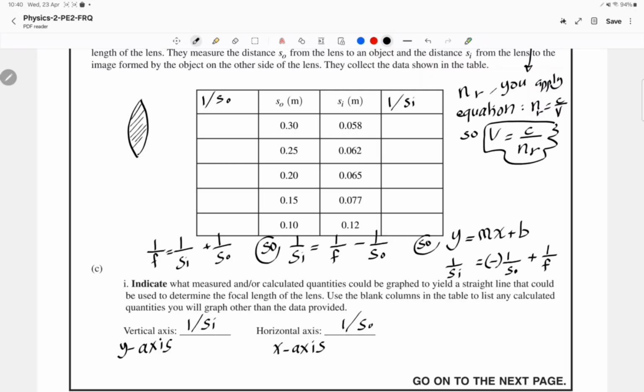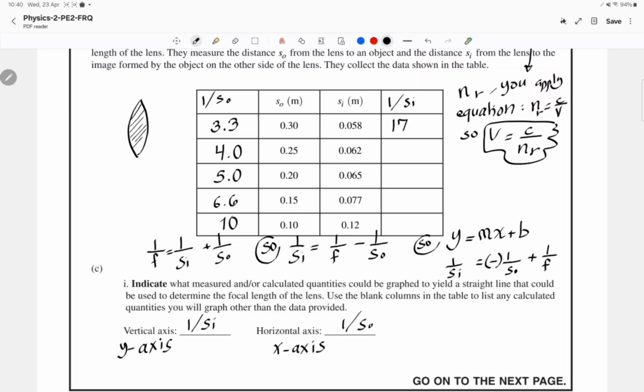For the first one, I got 3.3. Second one, 4.0, 5.0, 6.6, and 10.